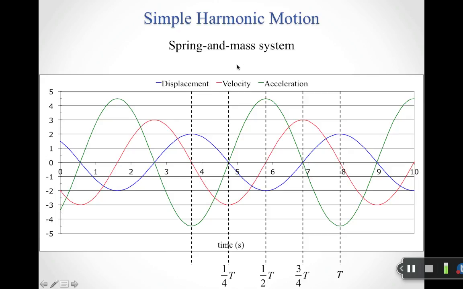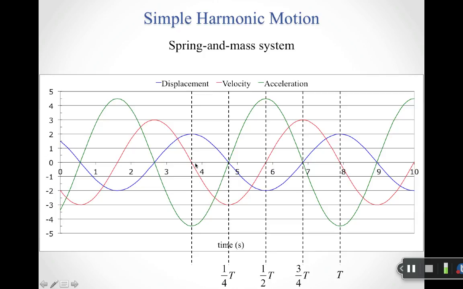That's going to slow my block back down. And so I'm back at equilibrium now, moving back towards my initial position to get to my positive maximum amplitude. So you can see that these curves line up in a very special way.